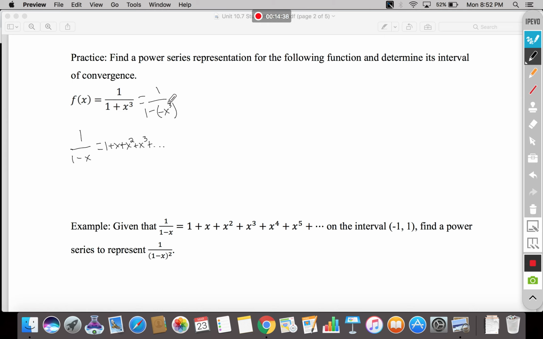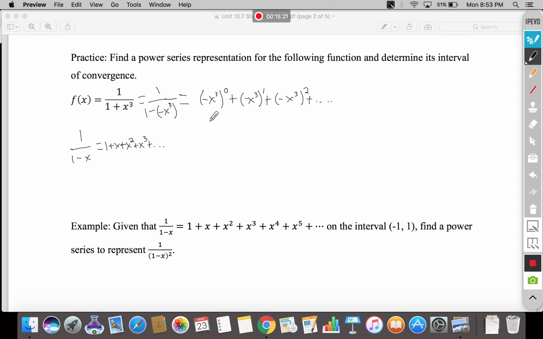Okay. So I rewrote this to try to make it look like something close to this down here, 1 over 1 minus something. All right, let me fill in what I know then. This is kind of like my x thing down here, negative x cubed. So I'm going to put negative x cubed to the 0, because that's how I get this 1, that's really x to the 0, plus negative x cubed to the first power plus negative x cubed to the second power plus, and so on, right?